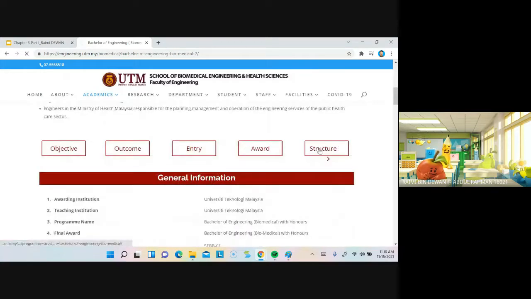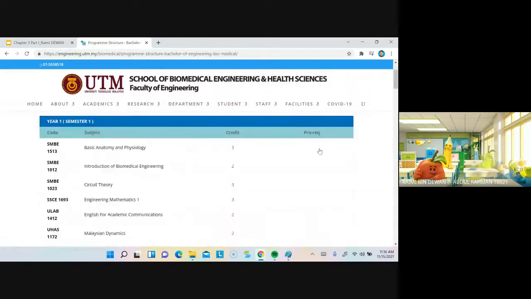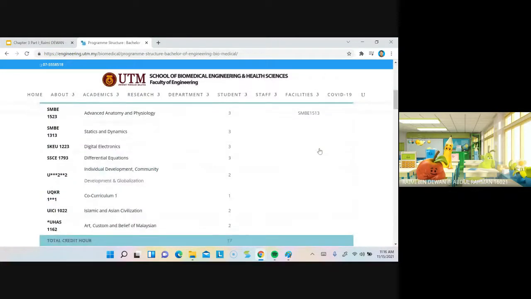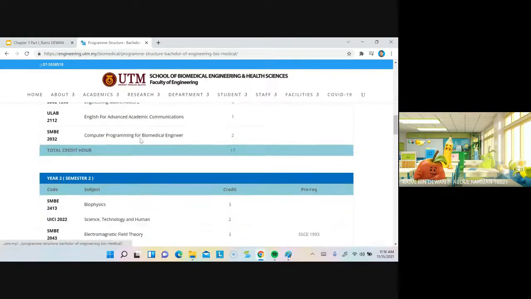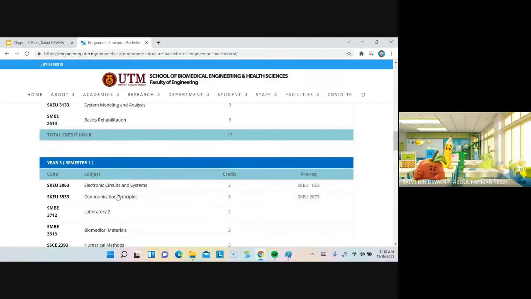If you go to your website and look at the structure, you learn signal and system here, and later on you will learn principle of communication here, which requires your signal and system. Communication principle is the advanced course of signal and system, so you will use some skills from here, and this one must be at least passed.